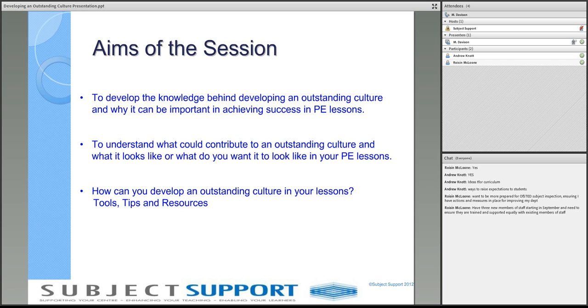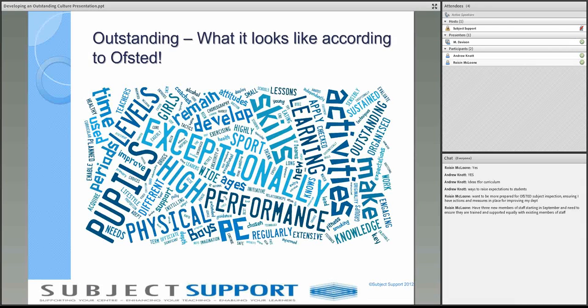First of all, let's start off with that word outstanding. What does outstanding actually look like? Well, if we look at Ofsted and summarize everything that they perceive as outstanding, especially for PE, that's what we are looking at there. A nice little word map which indicates what Ofsted are looking for when it comes to outstanding PE. And this isn't just assessment, teaching and learning, behaviour management.